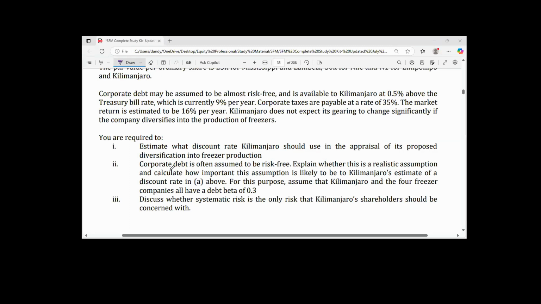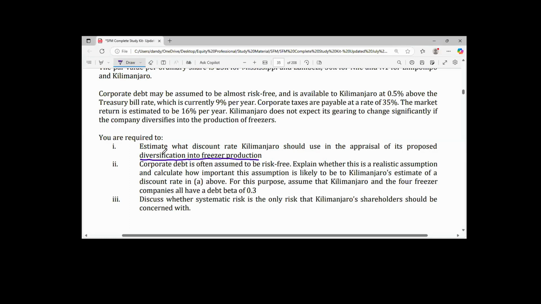The examiner has mentioned diversification in the requirements, so something should call your mind that this may likely relate to project specific.